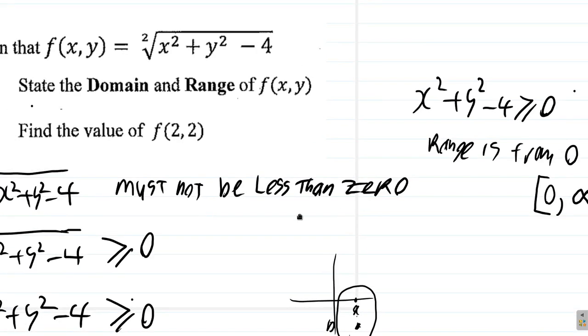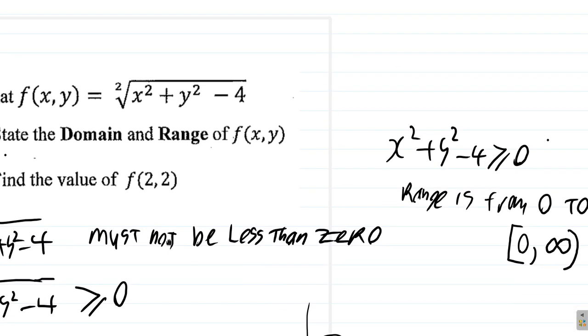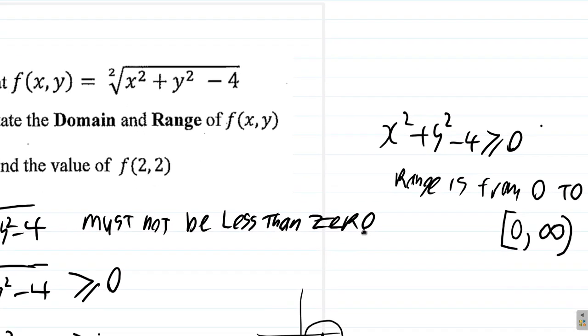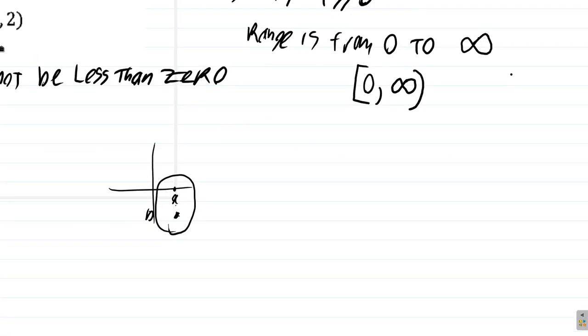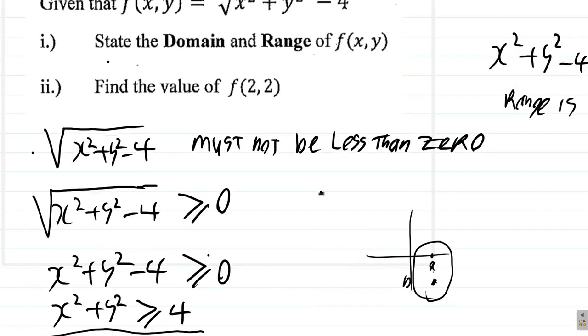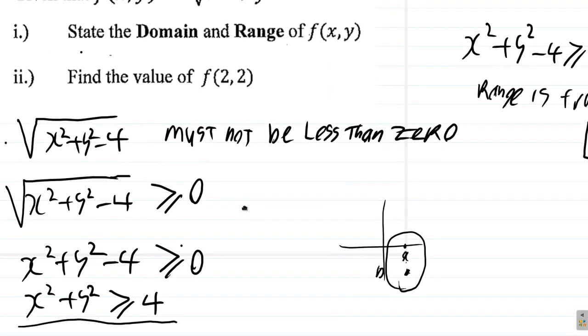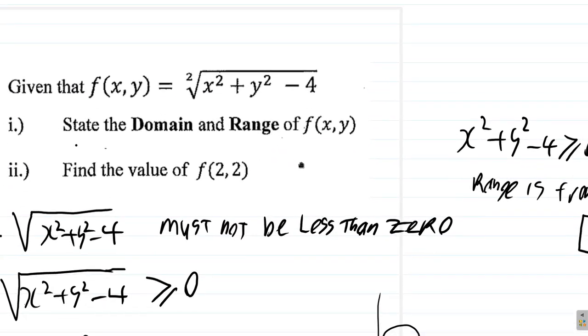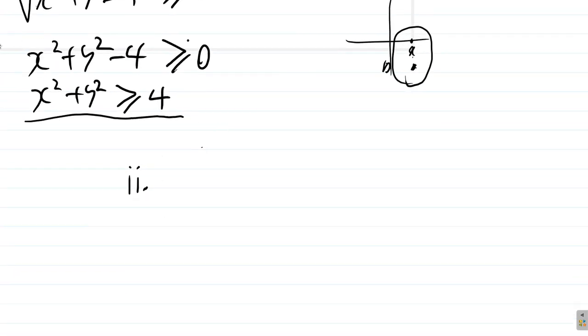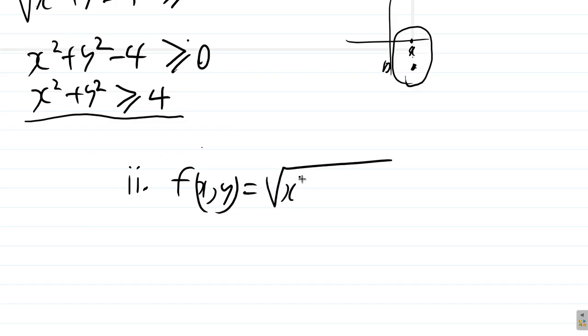What they want next is the value of f of 2, 2. That means when x is 2 and y is 2. What's the answer? This is part 2. Let's write it down here. You have f of x, y, the function of x and y, equal to the square root of x squared plus y squared minus 4. For 2, 2, x is 2, y is 2.